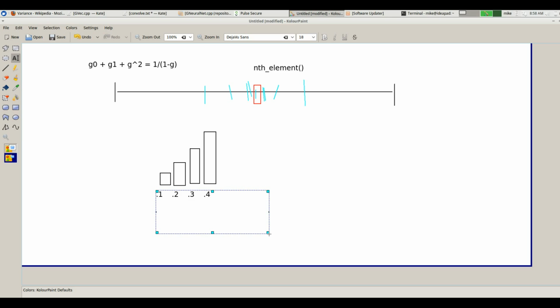I picked these numbers because I just happen to remember they sum up to 1. This is a true categorical distribution, but those numbers could be anything. And let's suppose in one pass through this data, we want to draw one of those four values according to these probabilities. Now, yes?